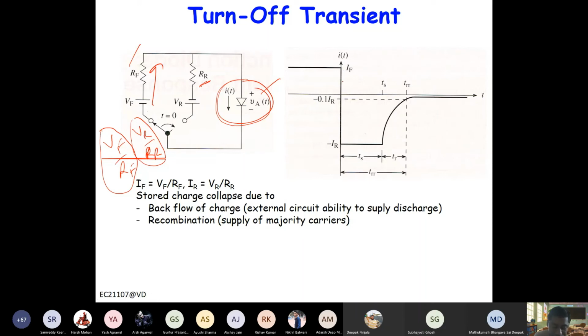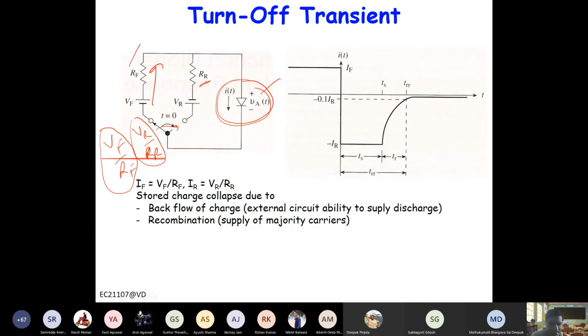So in forward bias, I have forward current here, and then you suddenly switch it. You switch here, the direction of current will change. It will, because it has a lot of charge, and the voltage is also not instantaneously changing, right? There will be some instantaneous change.